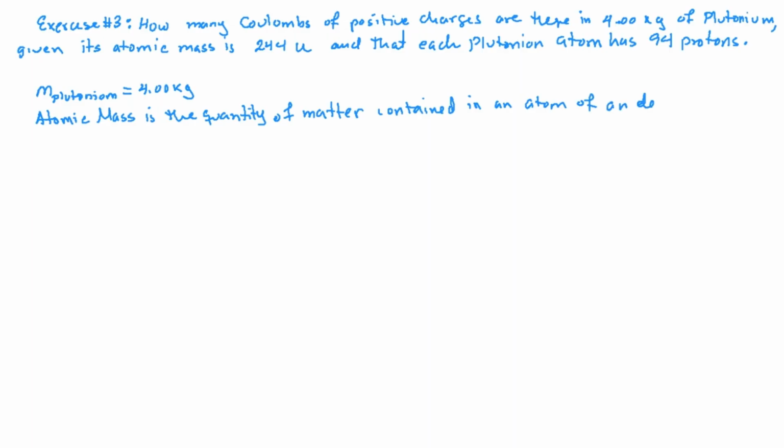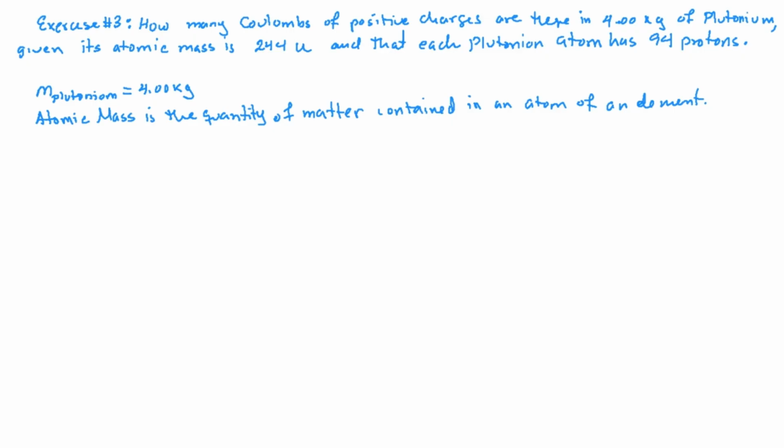This atomic mass is basically given by the mass of the neutrons and protons that you have in the nucleus of the atom.